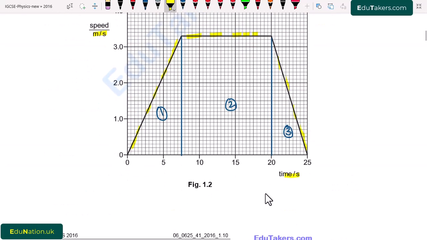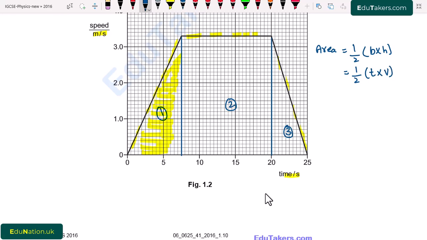We can see here that this region is basically a triangle, and the area of a triangle is equal to half base multiplied by height. I write here the formula: area is equal to half base multiplied by height. In our case, it will be half, base is time, multiplied by speed v.